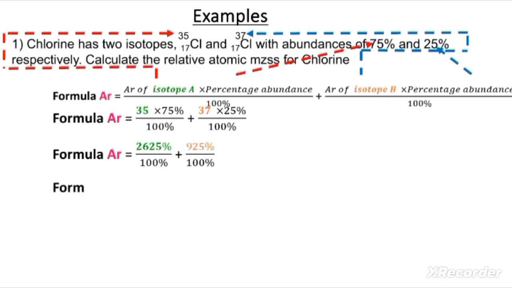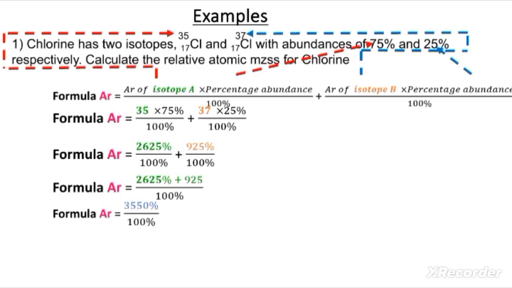Let us work out. So the relative atomic mass is equal to 2,625 plus 925 divided by 100%. So the relative atomic mass is equal to 3,550 divided by 100.